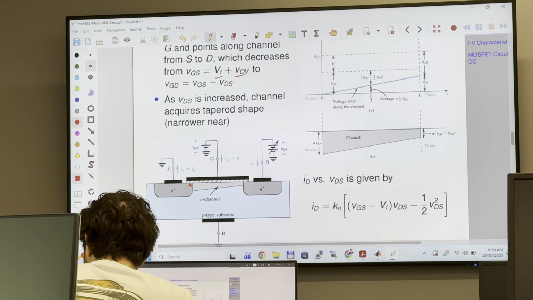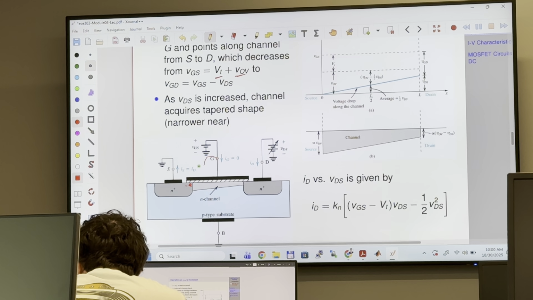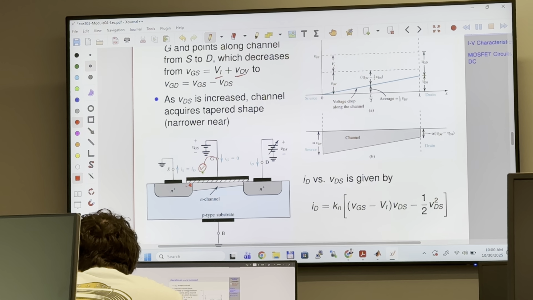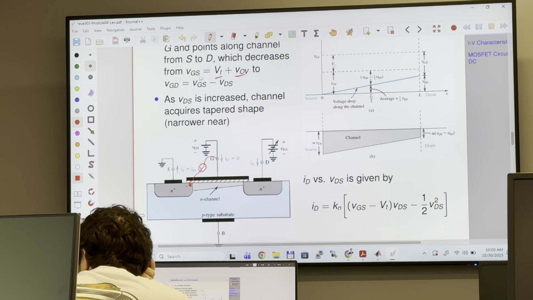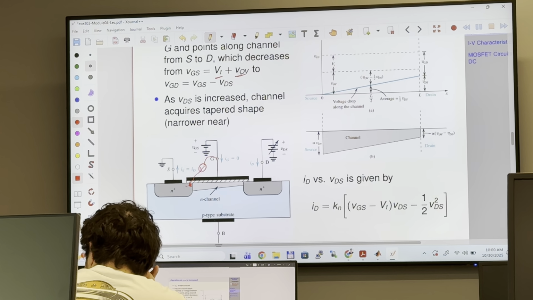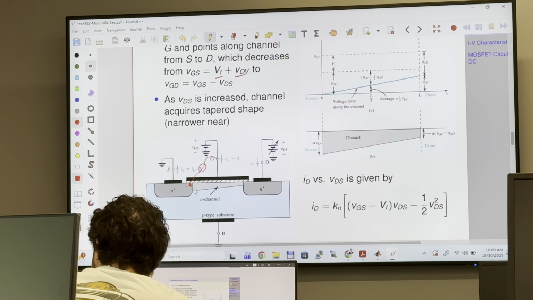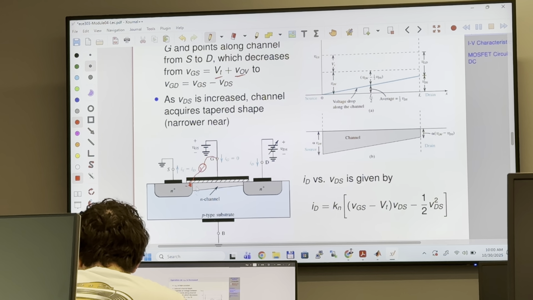So you apply a gate voltage, which is threshold voltage plus overdrive voltage. So if you apply a voltmeter, this voltage is going to be VGS, which is the threshold voltage plus some extra voltage, the overdrive voltage. That's why you see this channel is wider here.